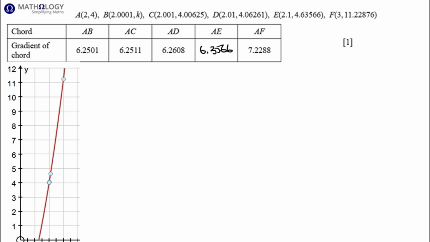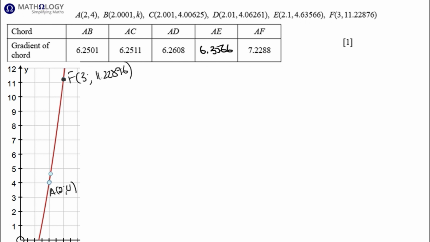The first point here will be A, which is the point 2, 4, and the last point up here is the point F, which is 3, 11.22876.